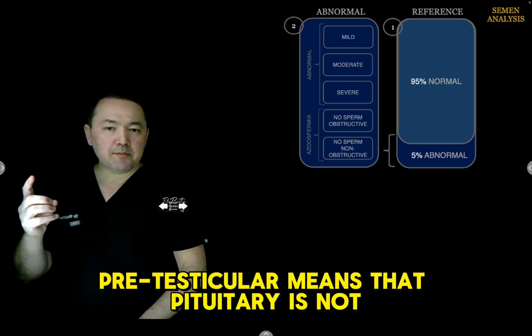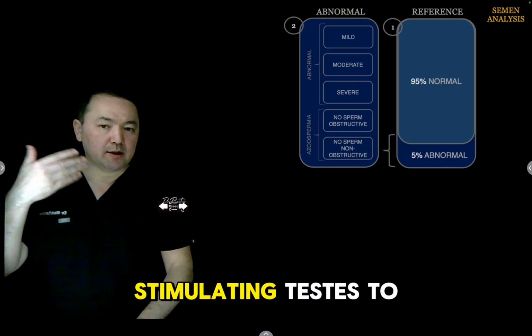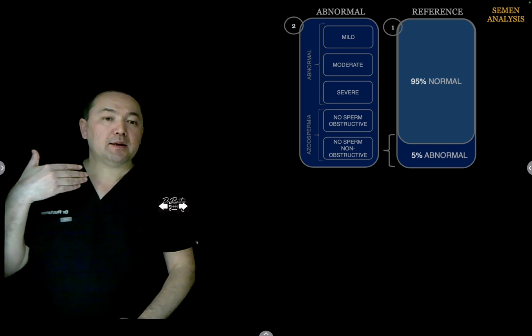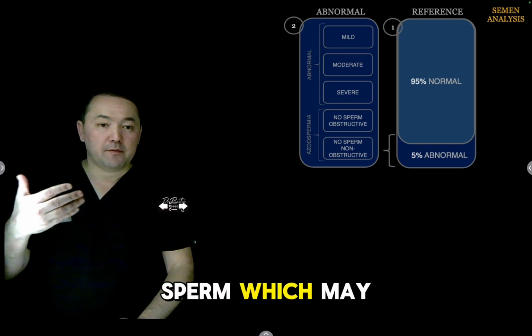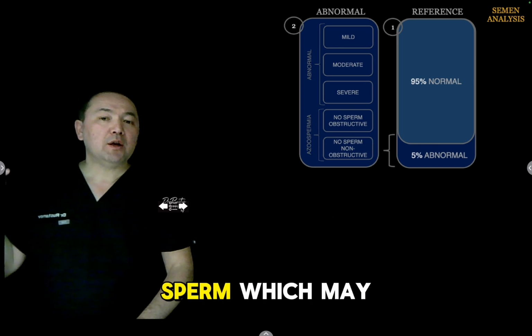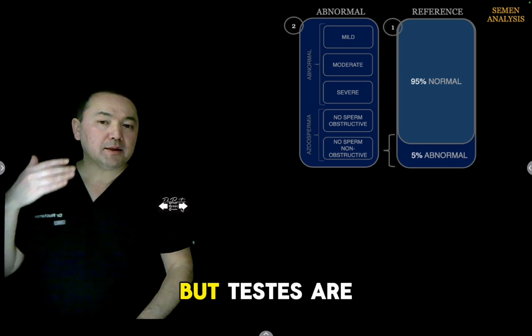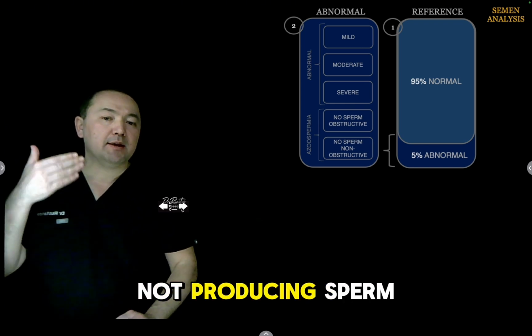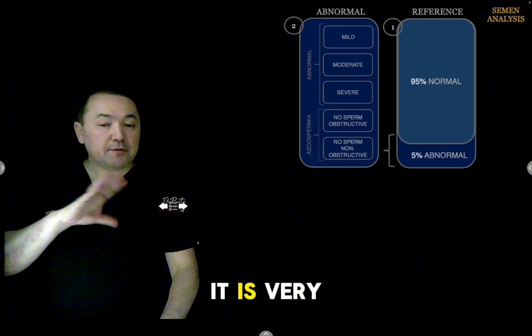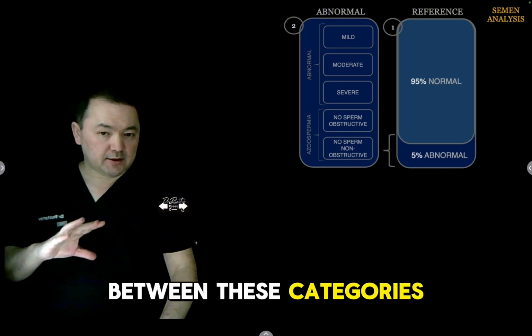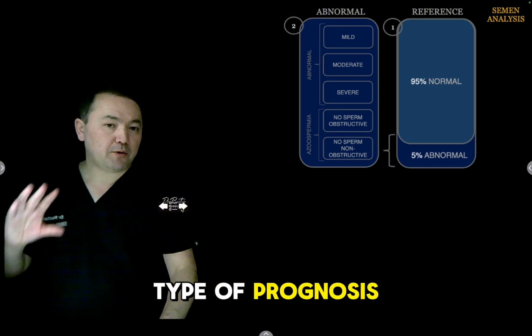Pretesticular means that the pituitary is not stimulating the testes to produce sperm, which may be due to anabolic steroids, for example. Testicular means the pituitary is working well, but the testis is not producing sperm. It's very important to distinguish between these categories because they have very different prognoses.